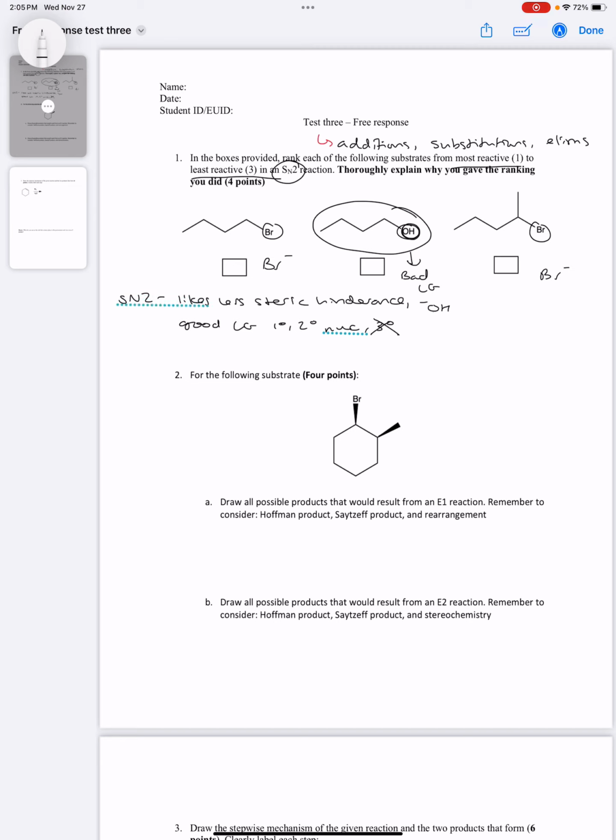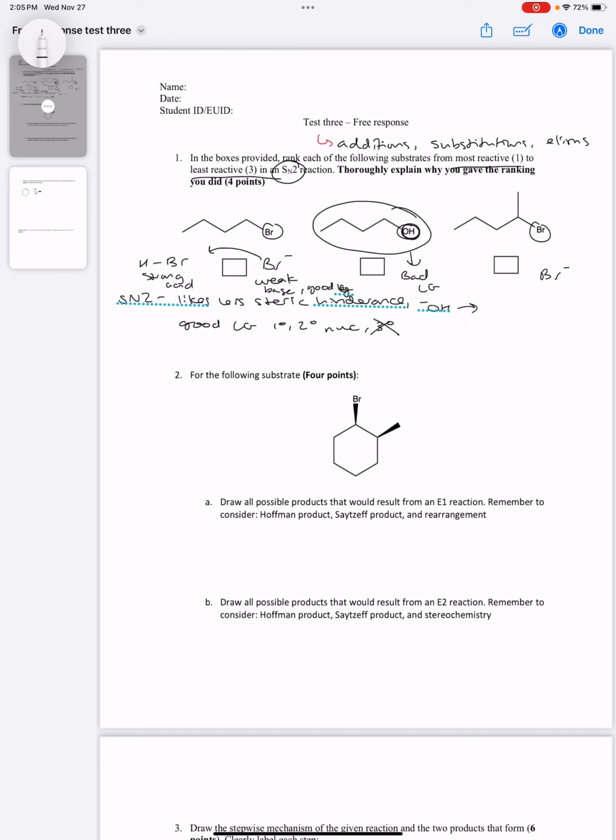Something I think about a lot is the conjugate acid. This base is pretty reactive because its conjugate acid is a really strong acid. So that makes it a weak base. If it's a weak base, that's a good leaving group because it's not trying to react. I'm just going to write LG. Good leaving groups are not reactive.